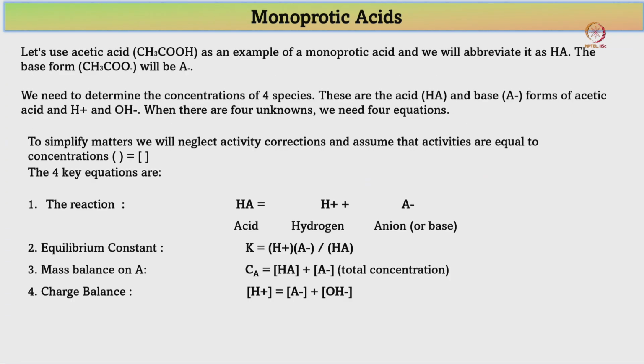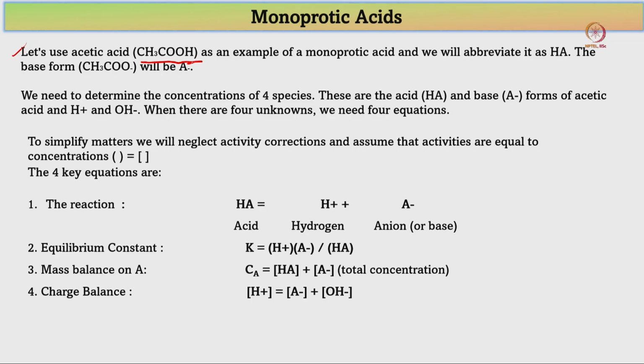Now, how we are going to write a few basic equations. Okay, this is again very important, writing some basic equations for acid reactions. So, let us consider acetic acid. Okay. Acetic acid, the formula CH3COOH, is an example of a monoprotic acid, that means it has only one hydrogen to donate.